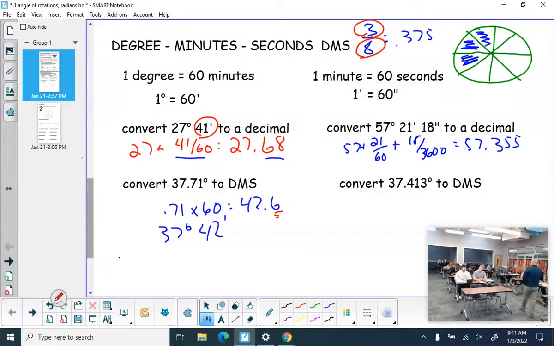What can we multiply by to get that into seconds? This is sort of the tricky one here. Courtney? Times 60. So we can take our 0.6 times 60 to give us what? It gives us 36 seconds.